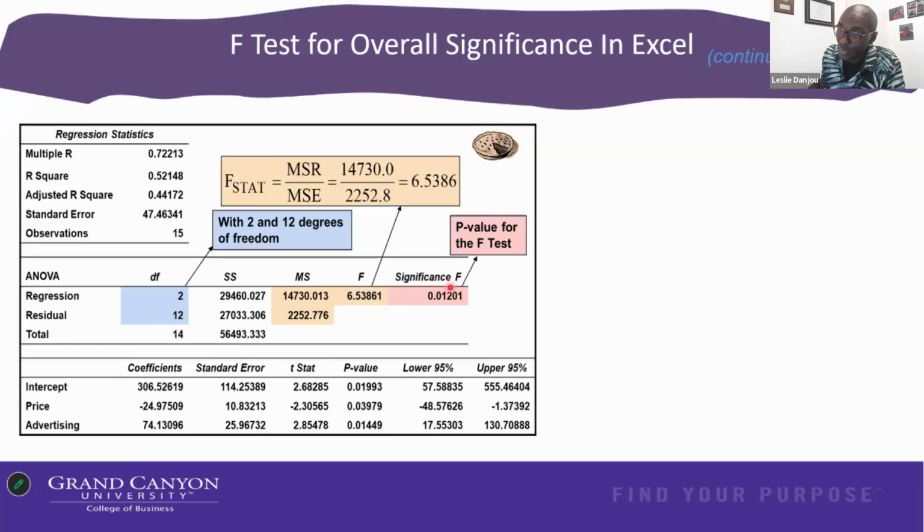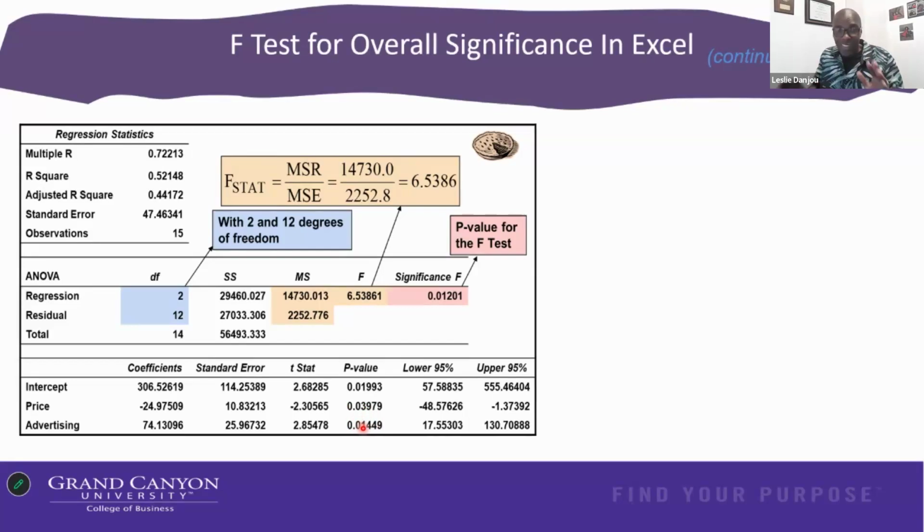Even though it says significance F, this is your overall p-value. As we get into the homework, we're going to show you how to get these individual p-values to see if this one actually does affect the end result or not. Does advertising affect your end result or not? Just eyeballing it, both of them do affect your final sales.